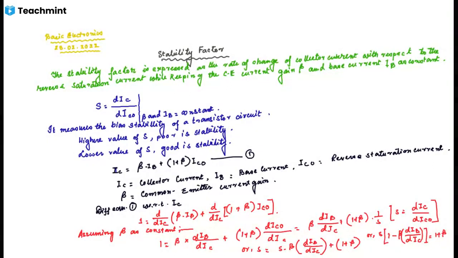So that will give us S equals to 1 plus beta by 1 minus beta into dIB by dIC. So this is equation number 2.